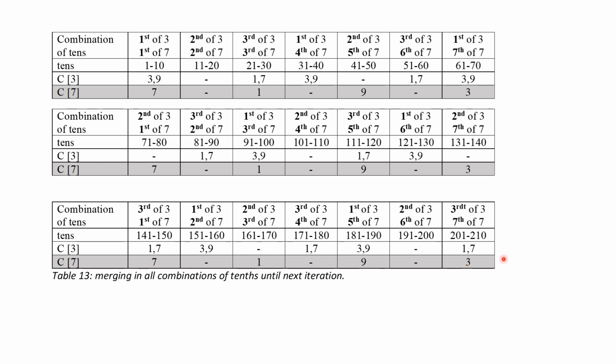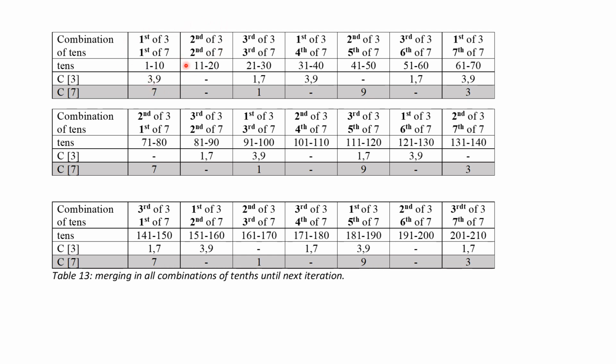I mean that each 10 of the cycle of 3 is going to be combined with each 10 of the cycle of 7 without repetition. So for example, we have here the first 10 of the cycle of 3 combining with the first 10 of the cycle of 7.